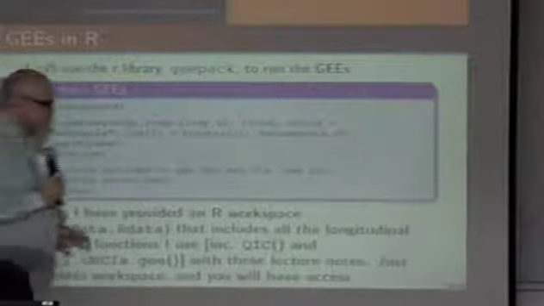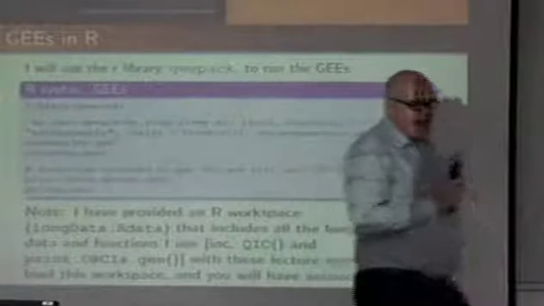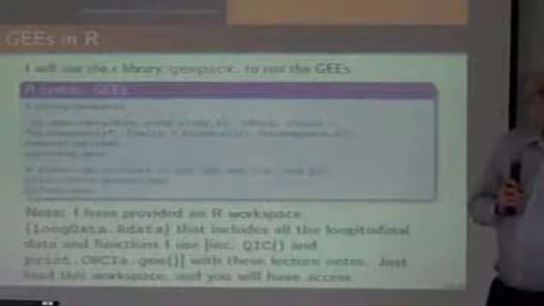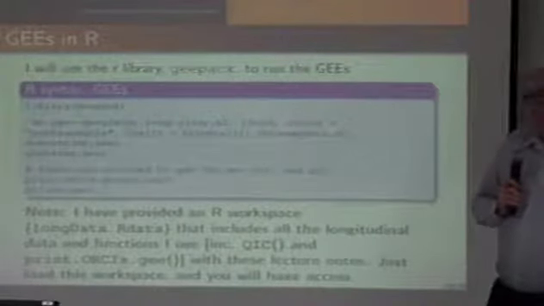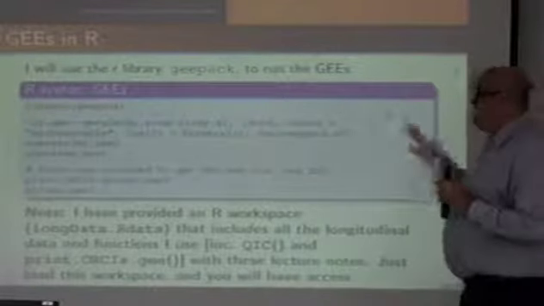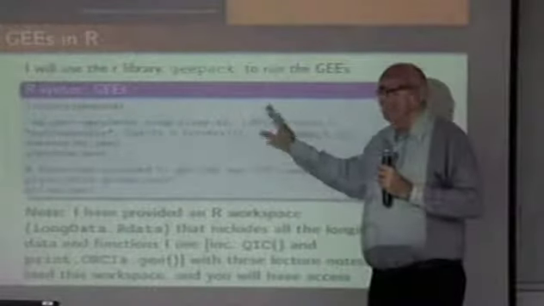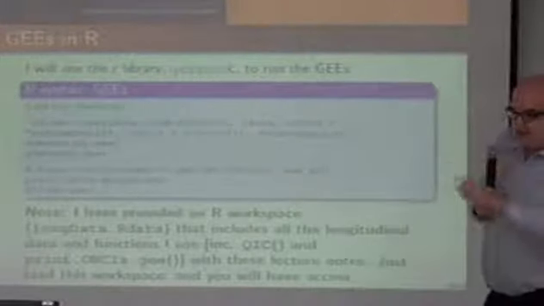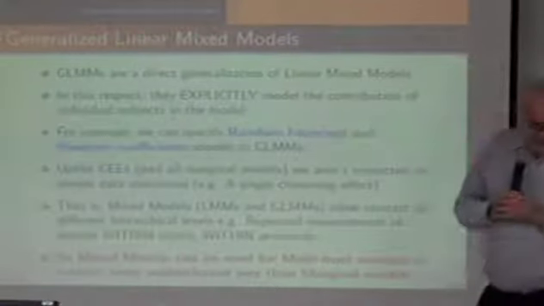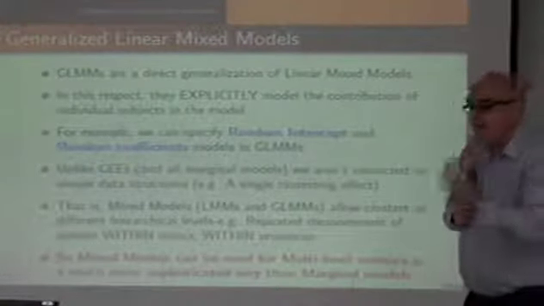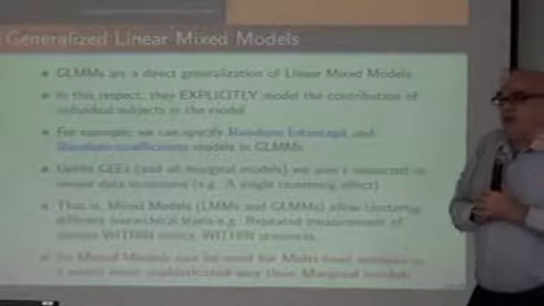Also in that, I have provided a function that someone else wrote, not me, called QIC, which calculates the quasi-information criterion that is needed for GEEs, because AIC doesn't work for it. So that's also provided. Okay, that's all I'm going to say about GEEs until we get to them when we use them.